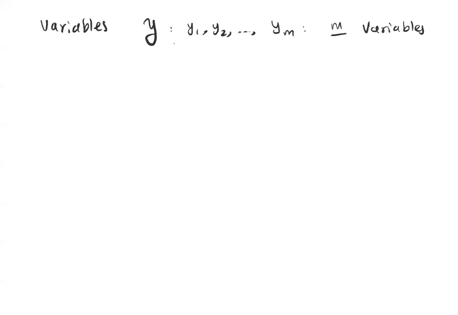So here is the generic form. We define vector of variables as vector y, which includes y1, y2, ym. So we have m variables. We define C to be a symmetric, positive definite matrix.